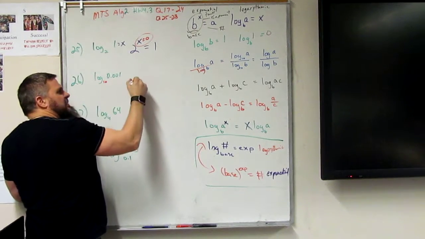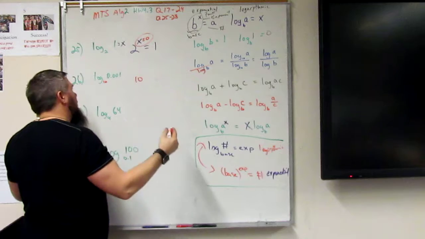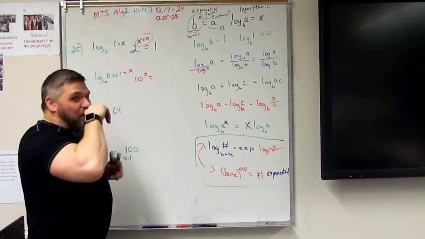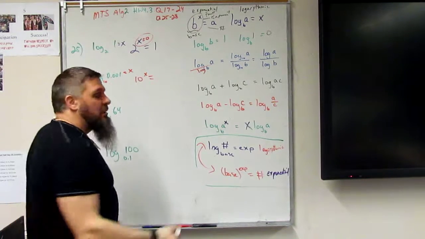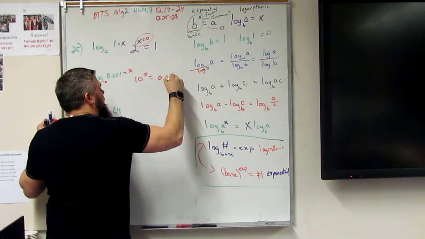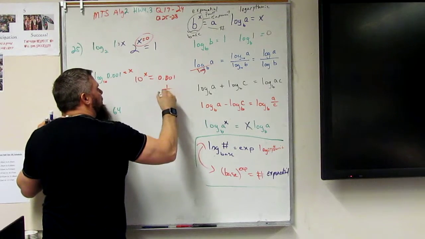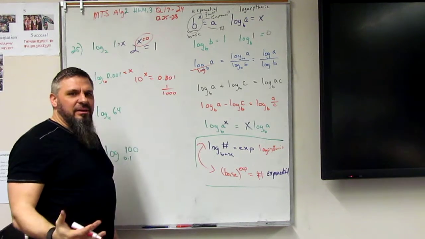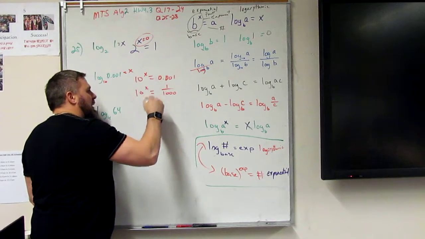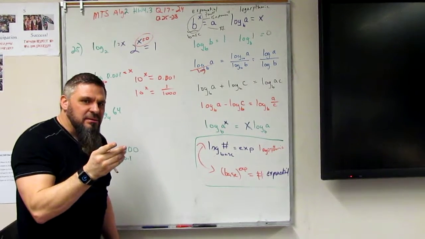Okay, so once I know that, it's easy. What's the base? What's the exponent? We have no idea, right? And what's the number? 0.001. Now, isn't that 1/1000? So what happened to this 10? It got flipped, right?